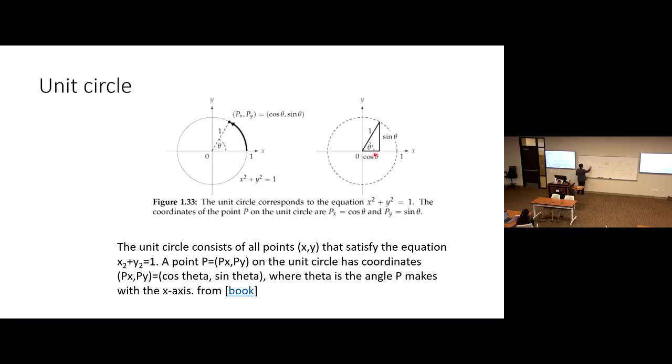So the position here, for example, is 1, 0. Here is 0, 1. Okay. Here is 0, -1. You see these two points, these two vectors on the unit circle, will define this coordinate system.